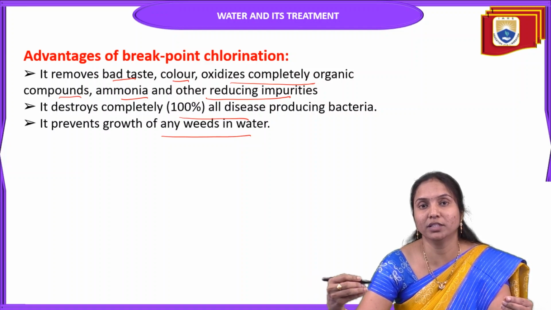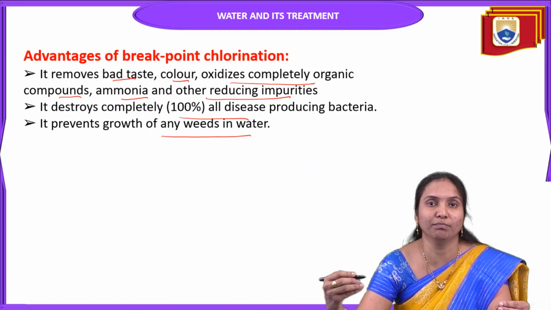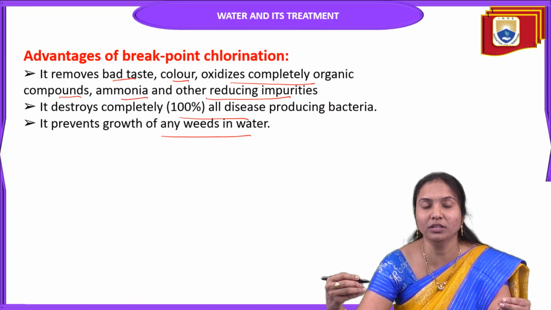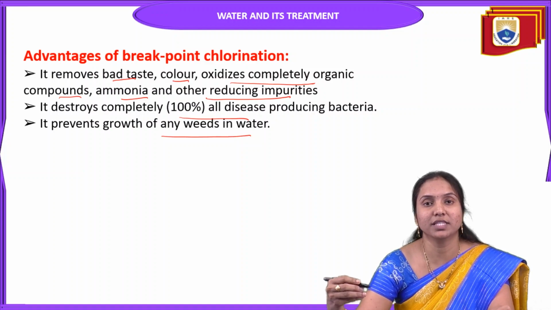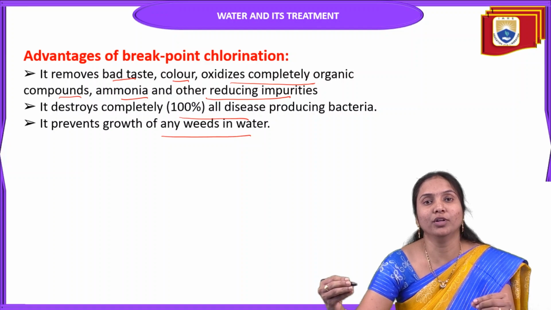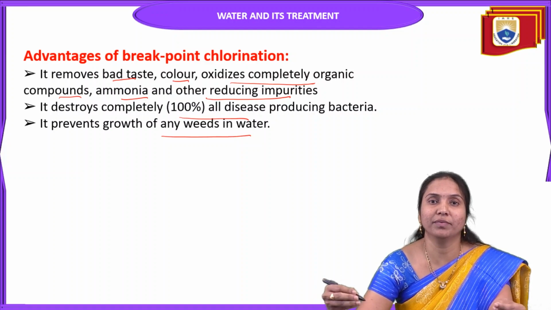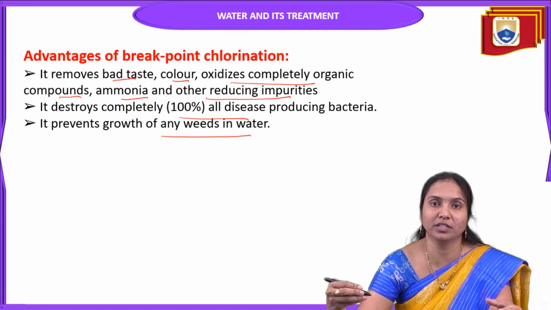So before supplying this water, treatment is most important. The treatment of potable water involves a total of 6 steps: screening, aeration, sedimentation, coagulation, filtration, and disinfection. After purifying, we supply this water for drinking, domestic usage, and human consumption.